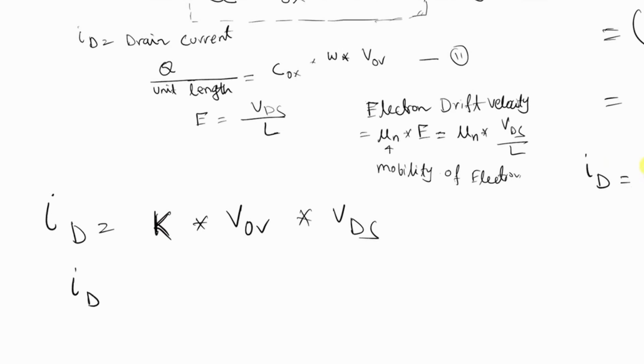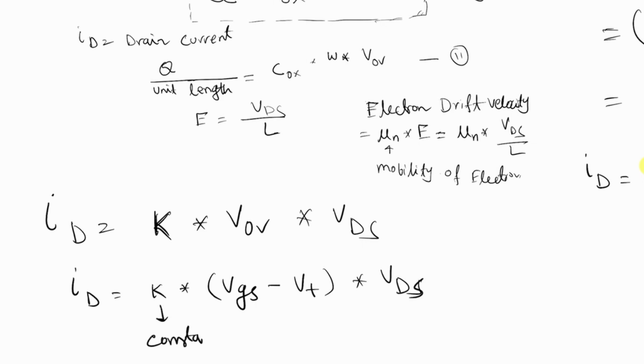ID is equal to, if we put the value of VOV equal to VGS minus VT, multiplied by VDS. The VT is constant, K is constant.